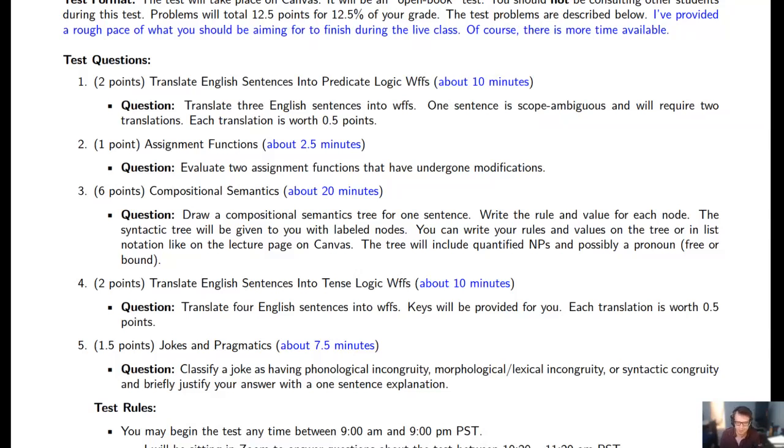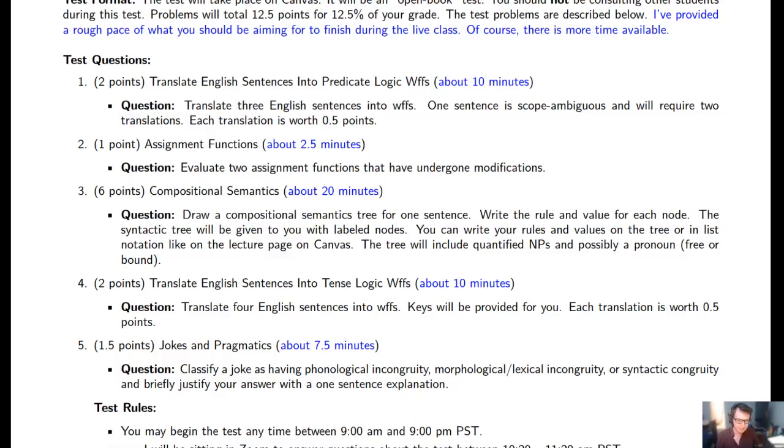I'm just filling up the last 1.5 points because I couldn't figure out a way to add a question that was fast in time. So that's the honest truth. That's why there's 1.5 points on jokes and pragmatics where you classify 1 joke as one of the incongruities, because I couldn't think of what to add for that last 1.5%. So there you go. There's the most candid thing I've said on camera in the entire course.